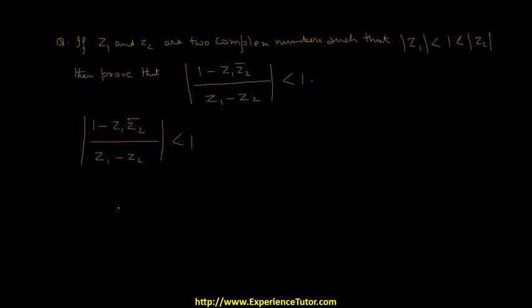So we'll begin the sum by writing the given expression which we need to prove. So we have written modulus of (1 − z1 conjugate of z2) upon (z1 − z2) smaller than 1.